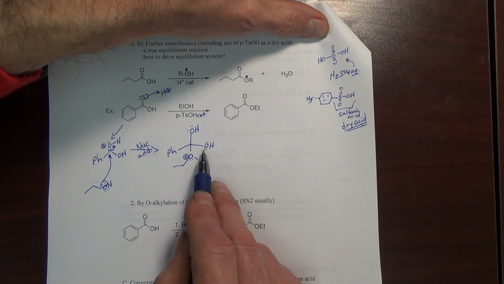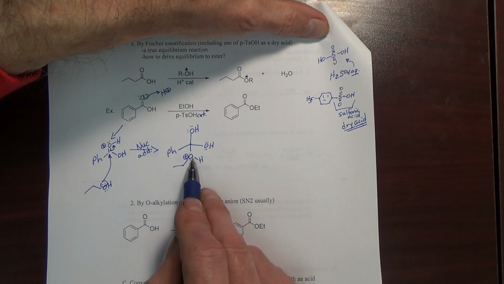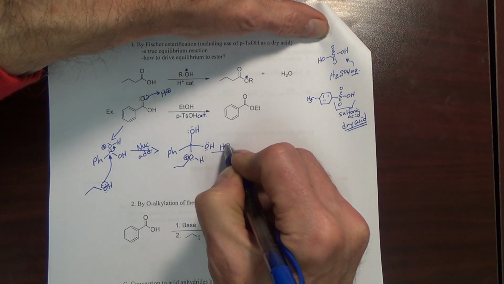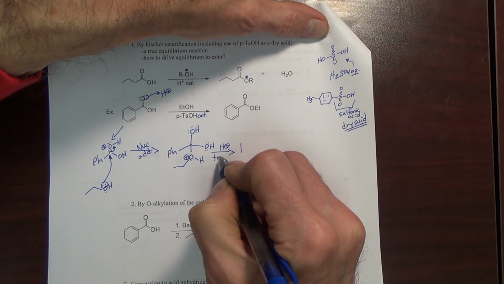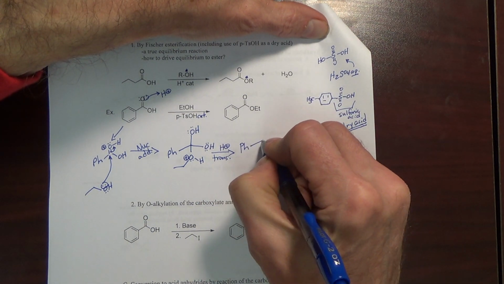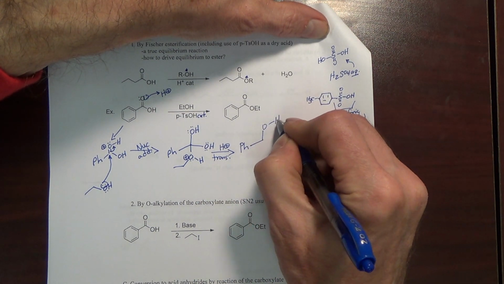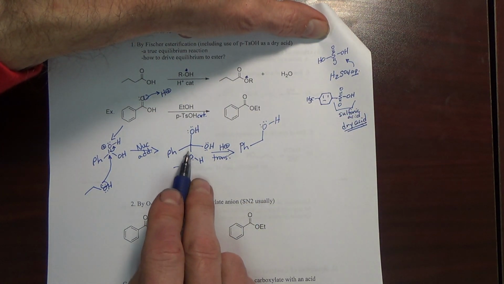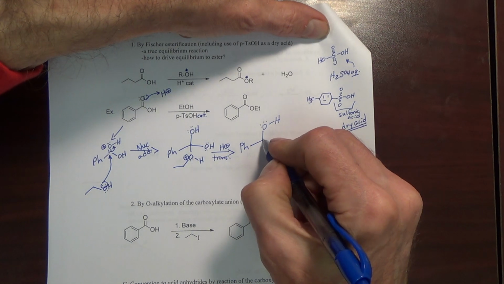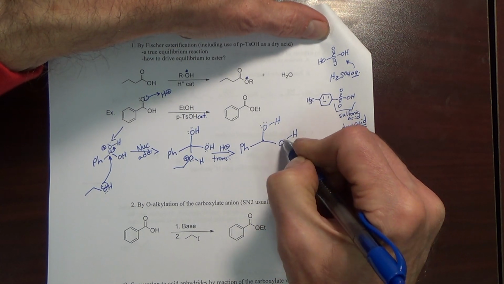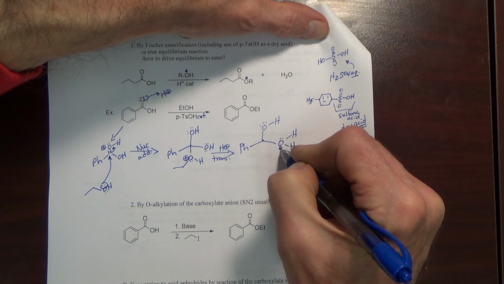Well, right now the protonated oxygen is a better leaving group. Let's do a proton transfer. And that's going to give, all right, we can put the H on any oxygen. Why should this oxygen be protonated? Why not one of the others? They're just as basic, or just as weakly basic.